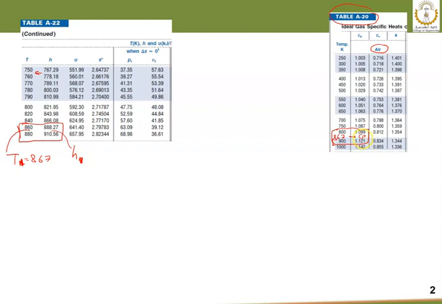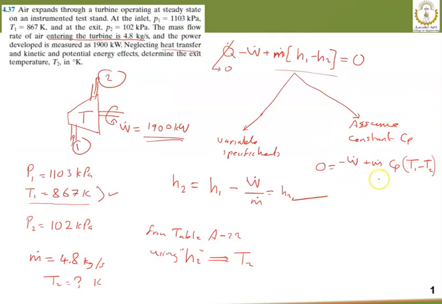So we can find Cp, and by that we can find T2 equals T1 minus W dot over m dot Cp. And that's how to find the temperature.